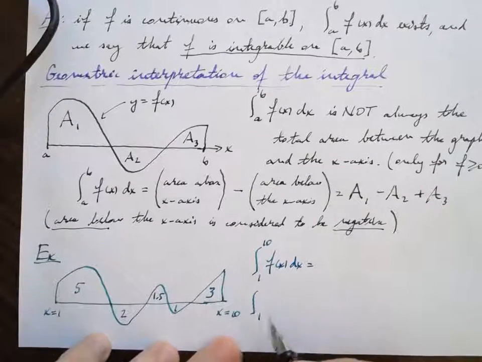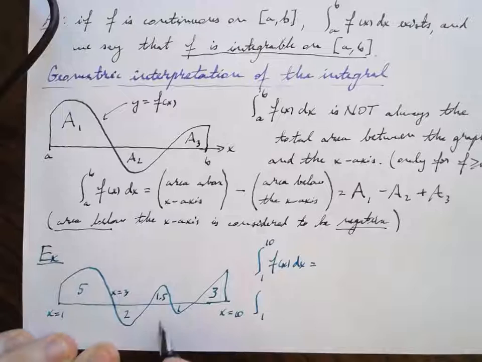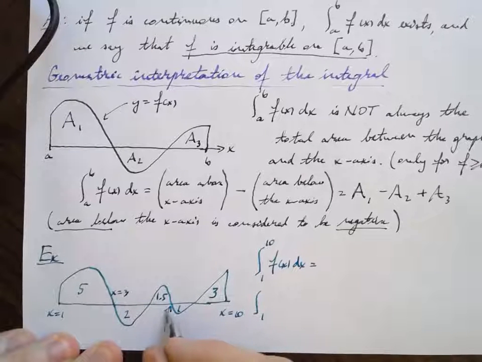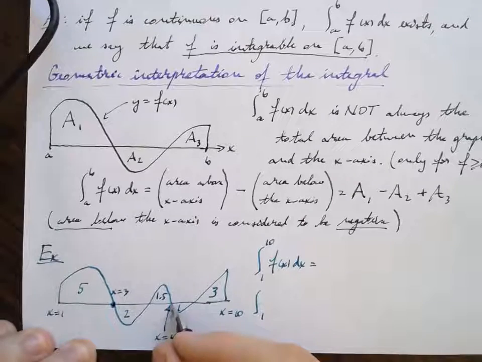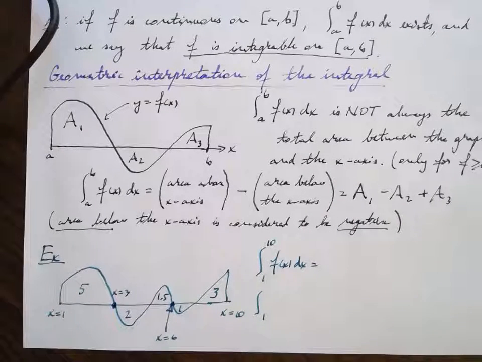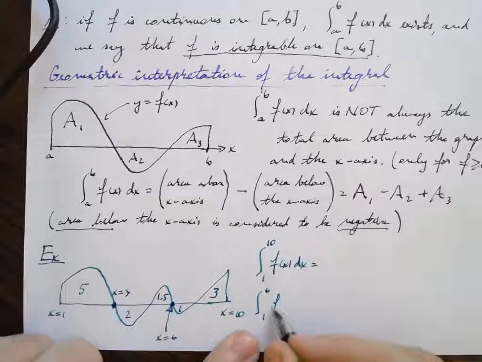The integral between 1 and maybe this is x equals 3 here, then maybe that x value is x equals, let's say, 6. The integral between 1 and 6 is some other value.